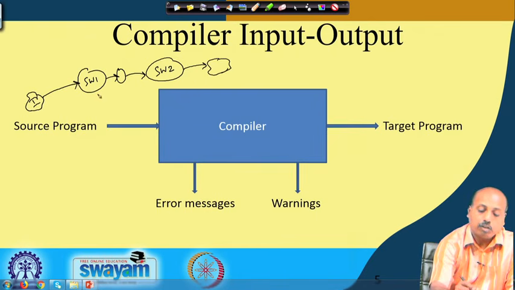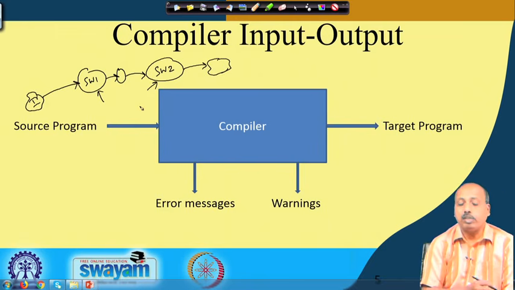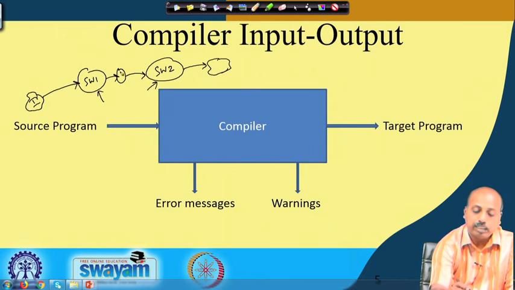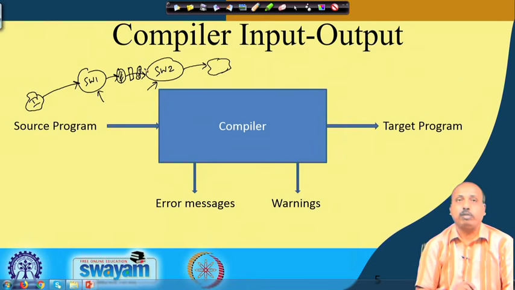Now, if software 1 and software 2 come from two different vendors, it is very much possible that the format in which software 1 produces its output is not compatible with the input format of software 2. In that case, it is necessary that we put a translator here also, so that the output of software 1 is converted into another output which is compatible with, and understandable by, software 2.